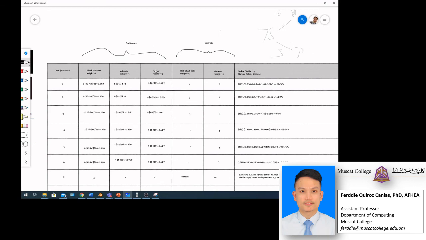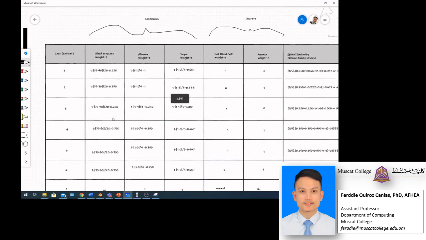That's why I expect 80 and 70 to have the same value here, because they have equal differences. 80 is 5 higher than 75, and 70 is 5 points lower than 75. Both of them get the same value. If you see here, both of them got 75.